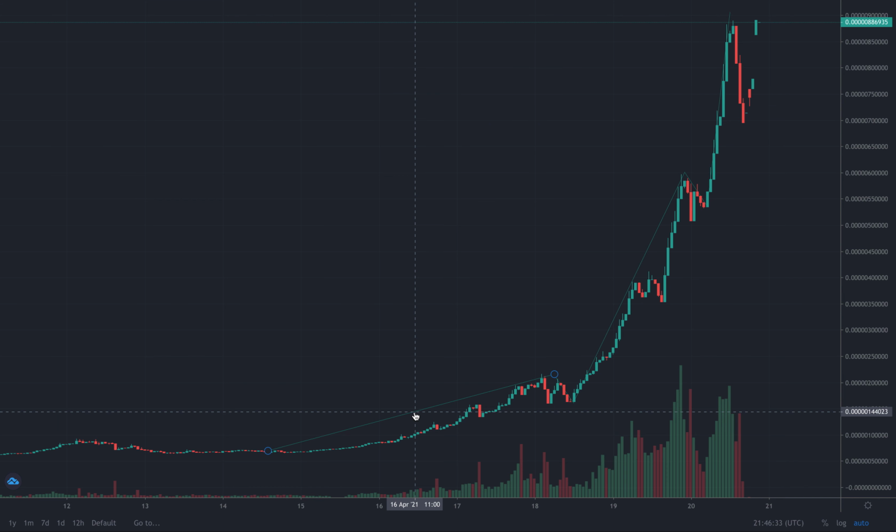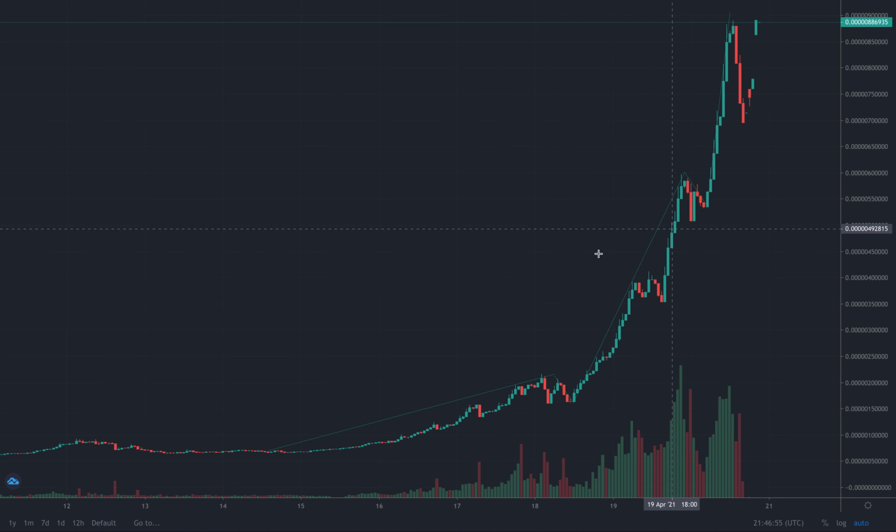Now, if you want to be technical about it, you can get into the Fibonacci numbers. So wave two is always going to be 50%, 61.8, 76.4, or 85.4% of wave one.